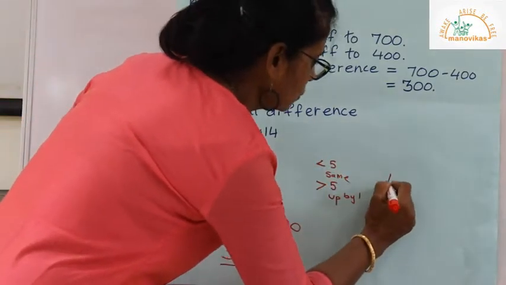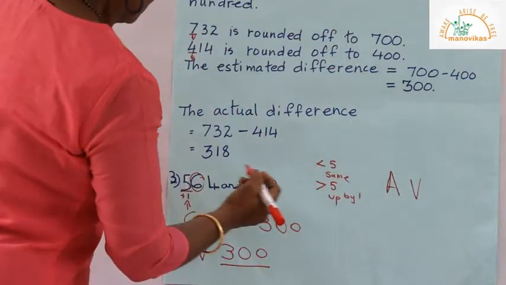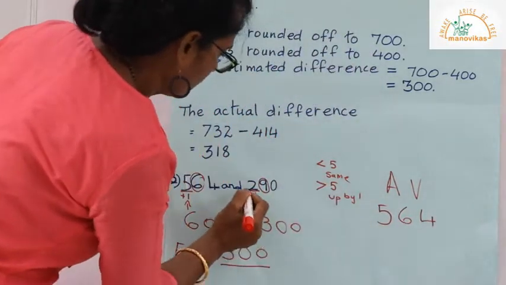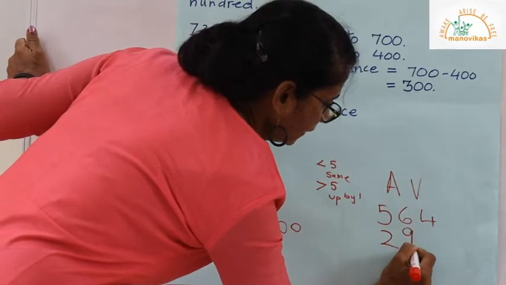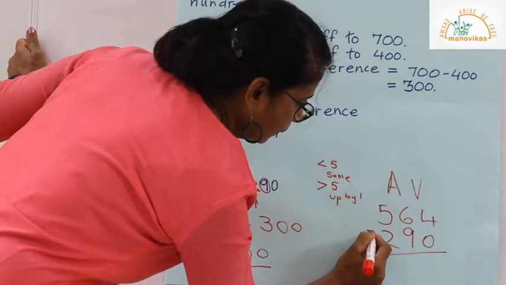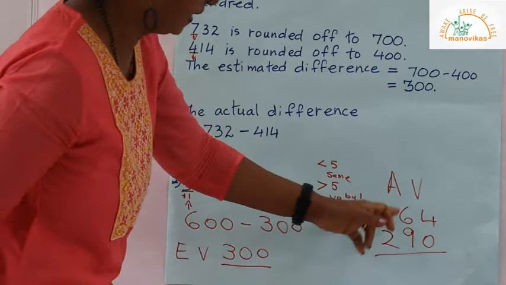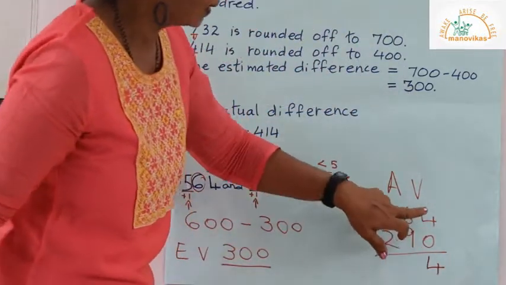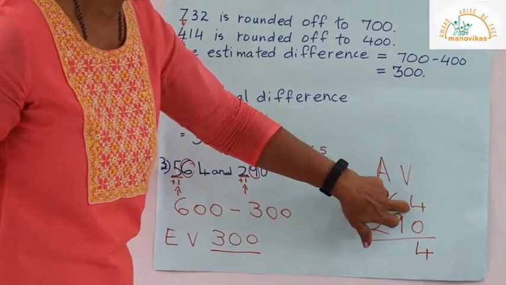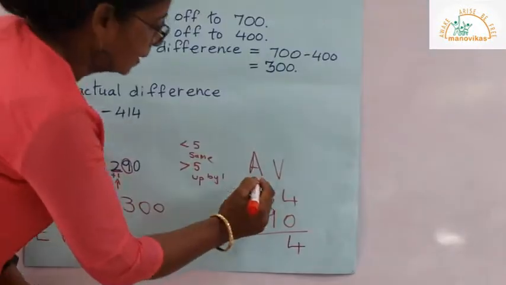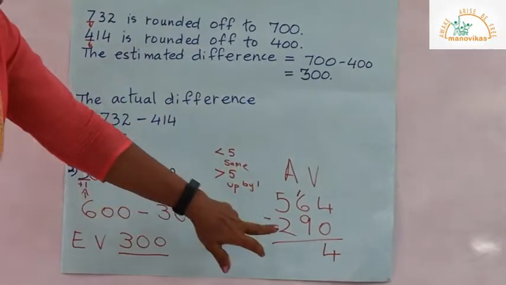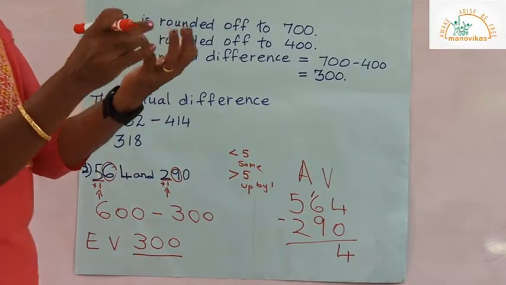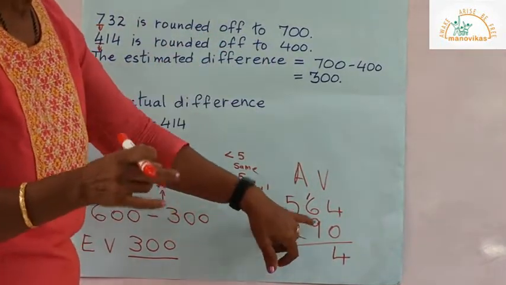Here the actual value: 5, 6, 4, minus 2, 9, 0. When you subtract 290 from 564, you know that any number minus number 0, you get the number itself. So you borrow here. And what will you get when you minus? You go backwards. So from 16 you have to take 9.